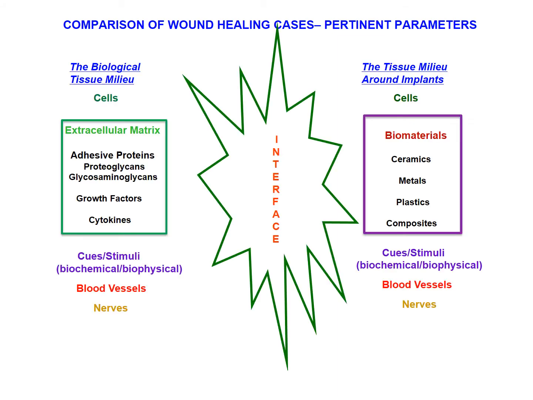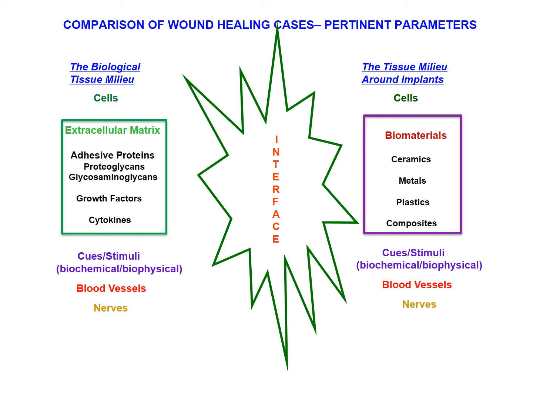Taking a closer look at what surrounds that particular interface is shown in this cartoon. On one side, we have the biological physiological environment, and on the other is now the physiological environment which includes the synthetic biomaterial out of which an implantable device is composed.